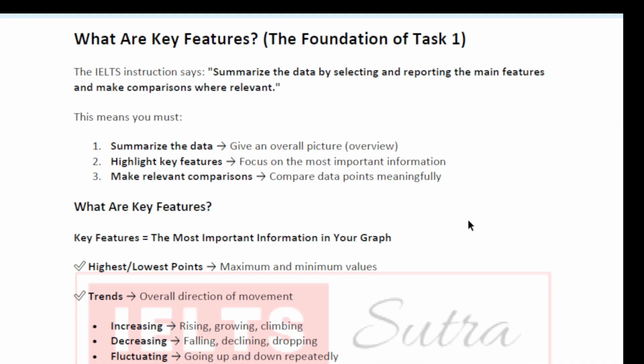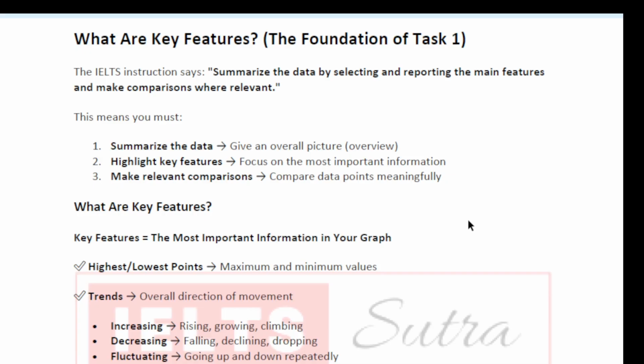When we talk about key features, we can mention different aspects of the data. But according to me, there are three common elements that are available in every kind of graph, whether it's bar, line, pie, anything.